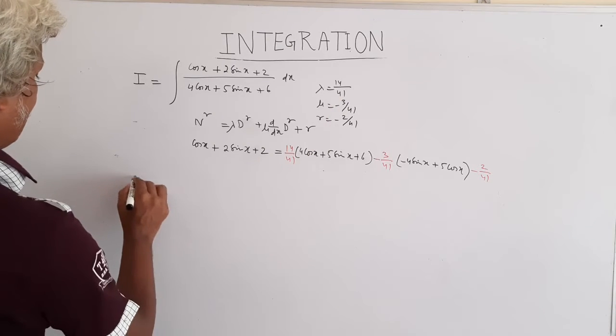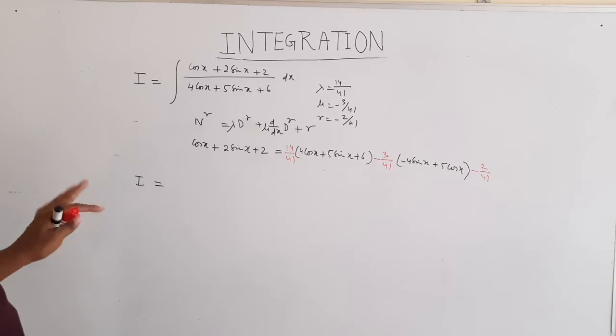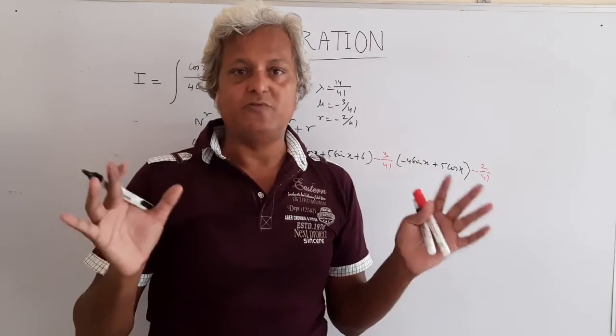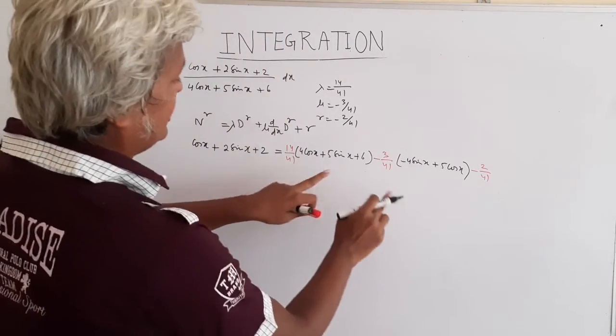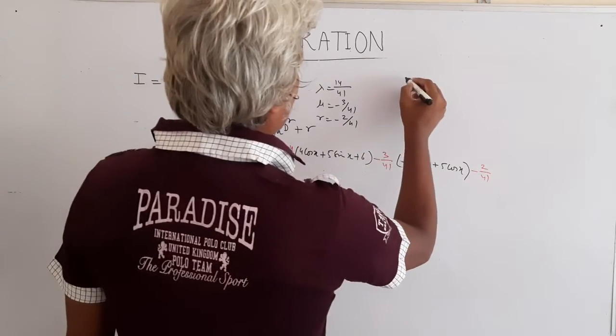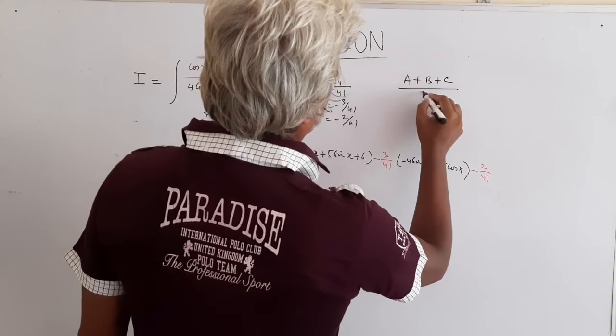So now I have I. Since I want some little space, that's why I am suggesting you pay attention. It's not a very difficult thing, but you have to pay a little attention here. In the numerator we now have 3 terms, and here this is the denominator. So you have something like a plus b plus c upon d.